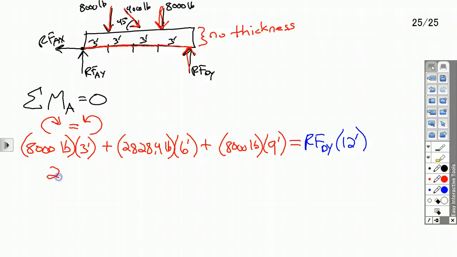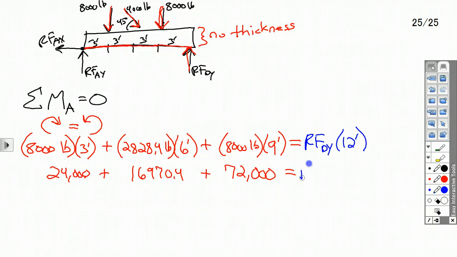8,000 times 3 gives me 24,000. 2828.4 times 6 gives me 16,970.4 plus 8,000 times 9, 72,000. All that equal to RF dy times 12 feet.